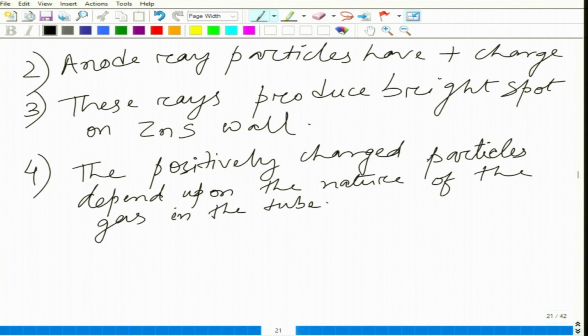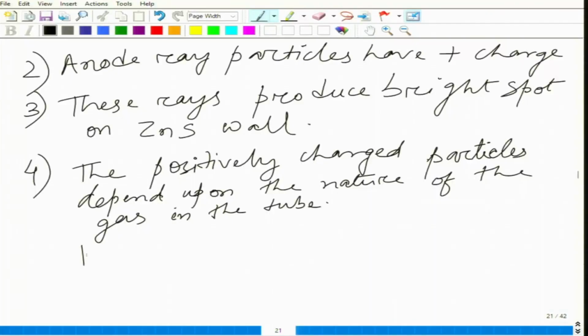So, in the anode ray experiment, it was seen that the effect on the zinc sulfide wall was different for different types of gases. That is, their results depend upon the nature of the gas that was present in the tube.